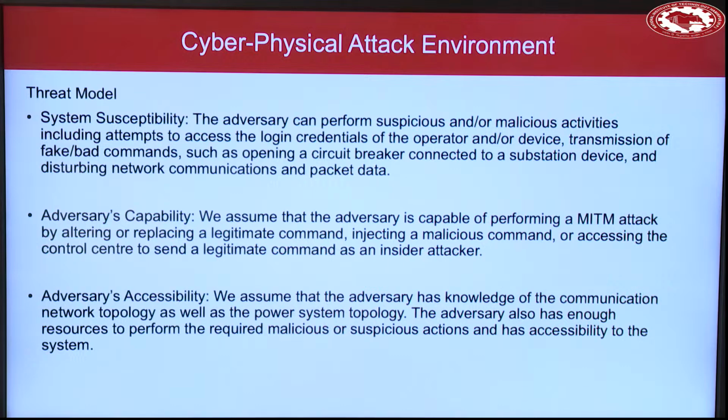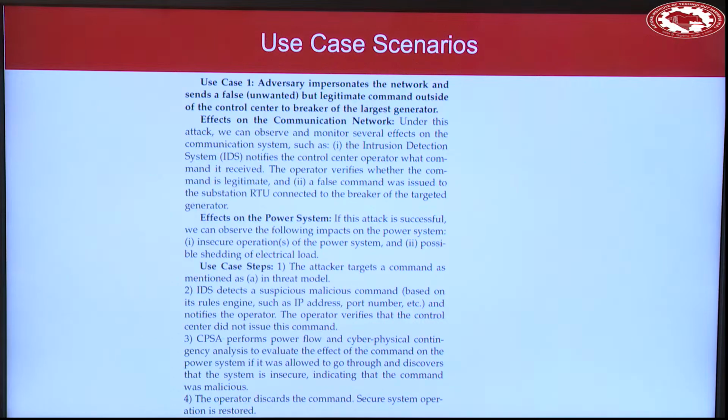So we are assuming that the attacker might have a lot of accessibility information. And then you need to think about what you want to develop that will help in this scenario. So we derive certain use cases: what the attacker targets, what the impact on the system will be, and possibly what actions or steps we need to follow.